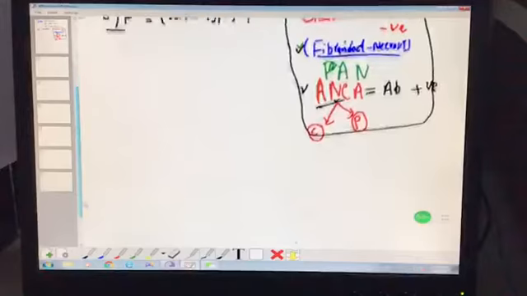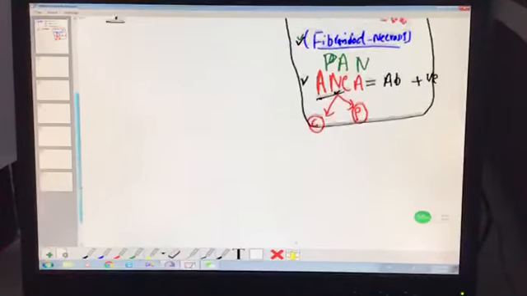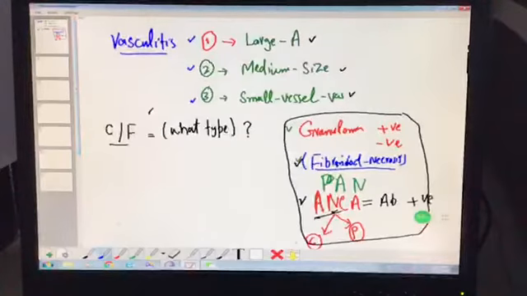Okay, first we discuss the large vessel vasculitis. There are two main large vessel vasculitides. The first is temporal arteritis, and the second type is Takayasu arteritis.